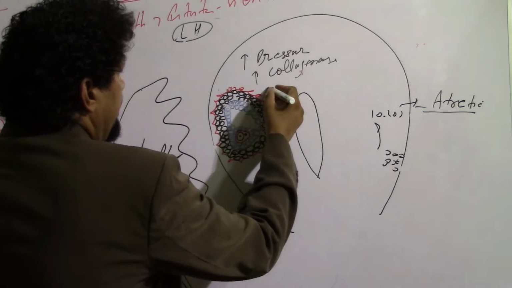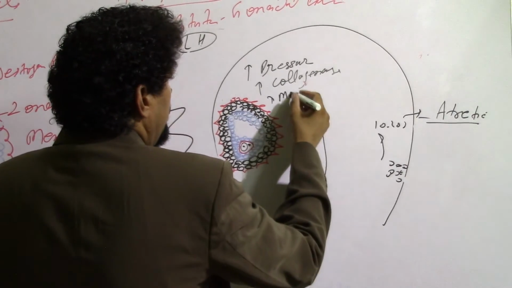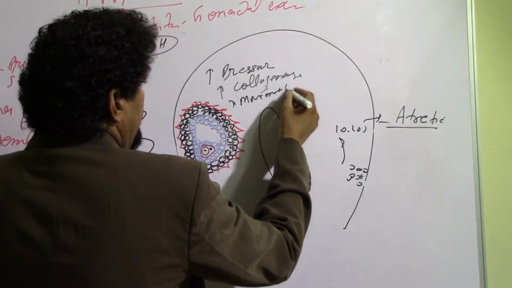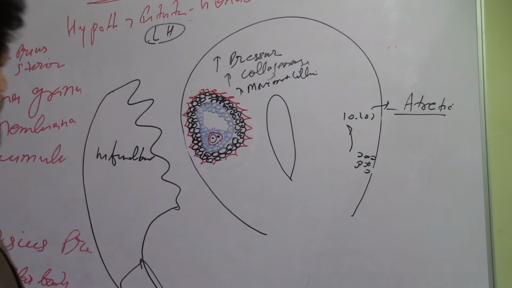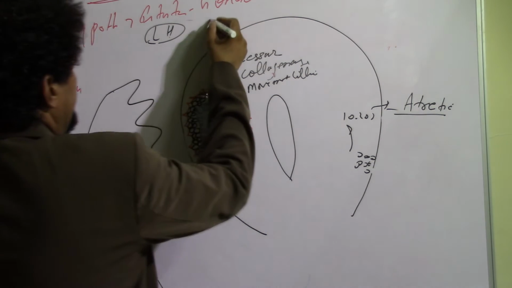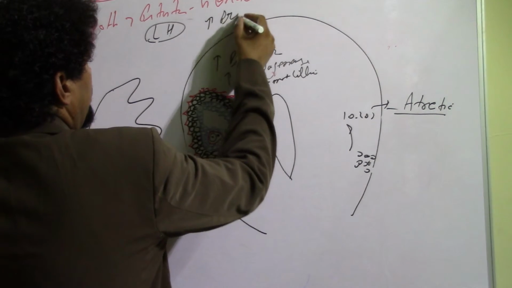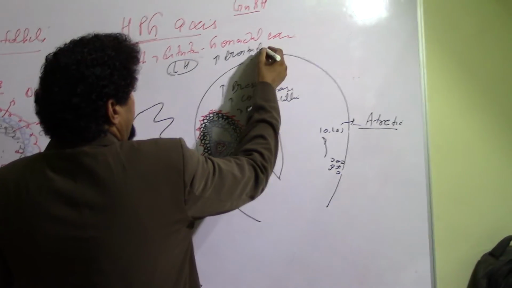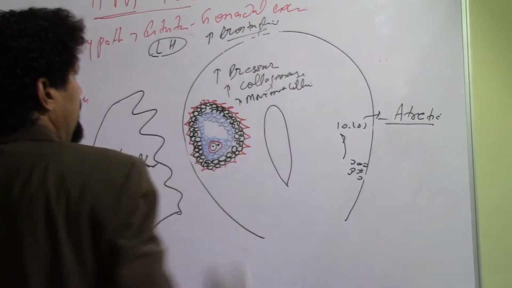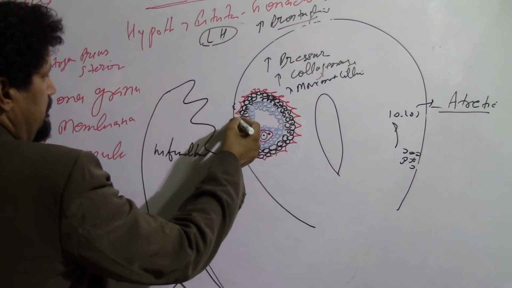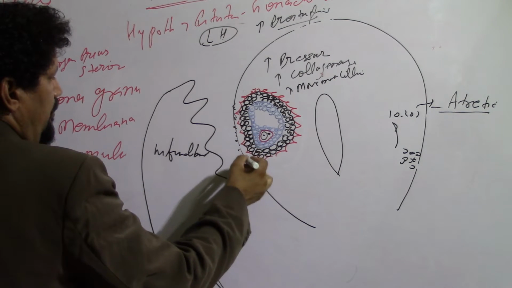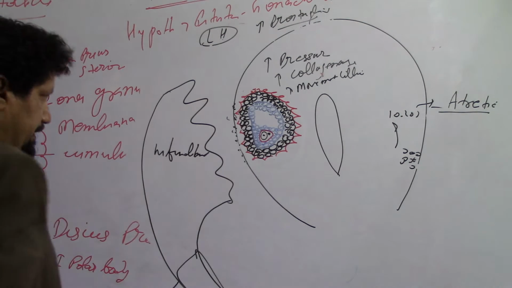So there is increased movement of cilia. At the same time, the prostaglandin level will increase. This increased prostaglandin level will contract the smooth muscles surrounding the ovary.